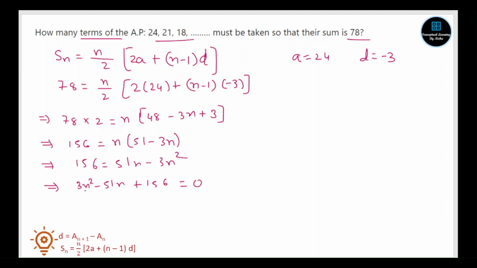I can divide all of them by 3, so I'll do it first. What do we get? n square minus 17n plus 52 equals 0. Now you know how to find the solution for this, by factoring the middle term.